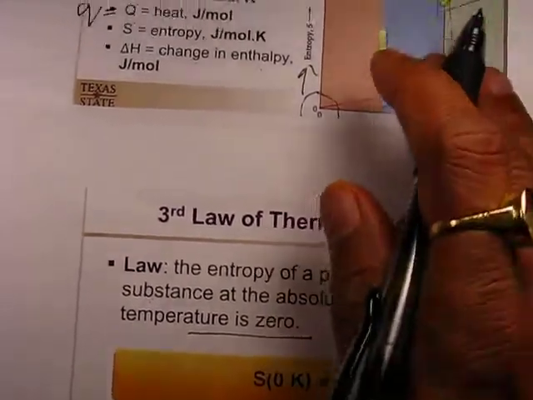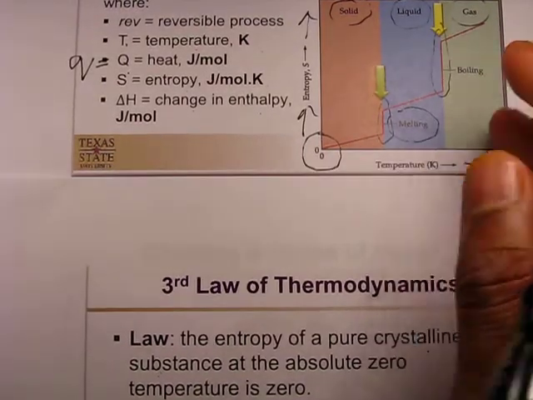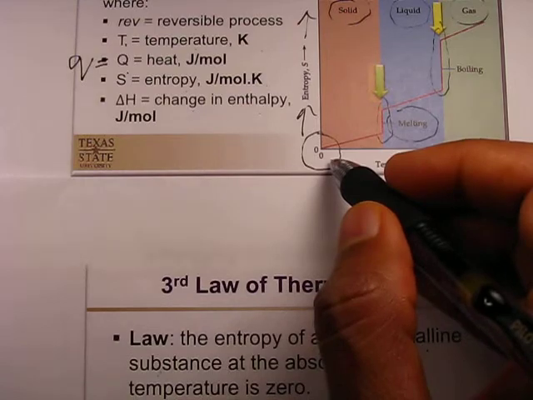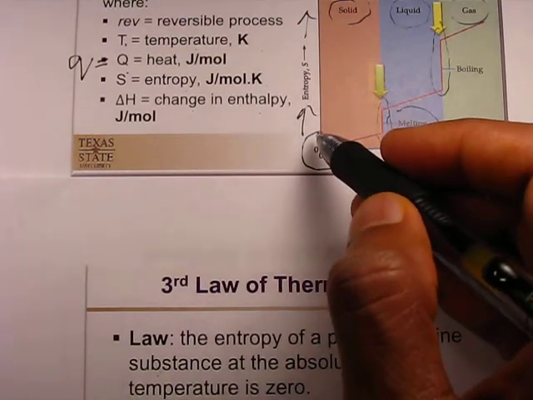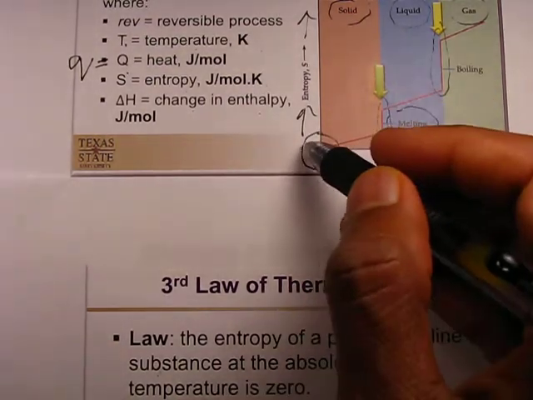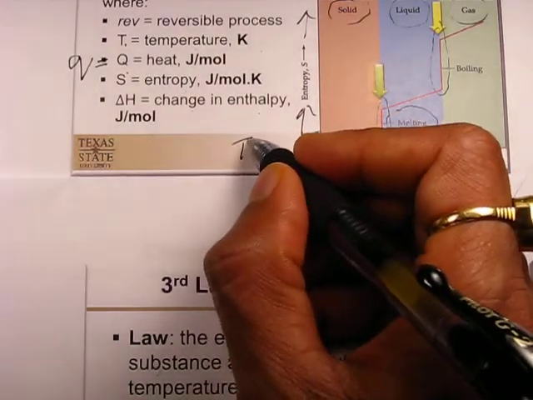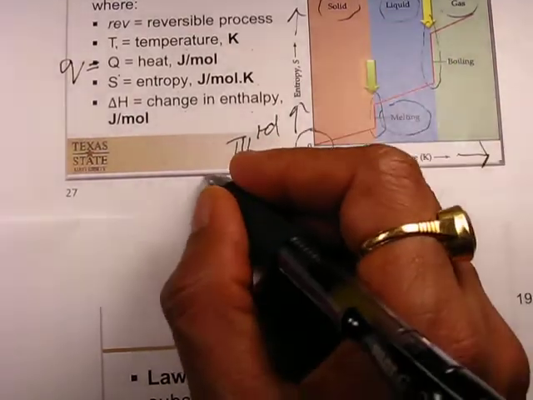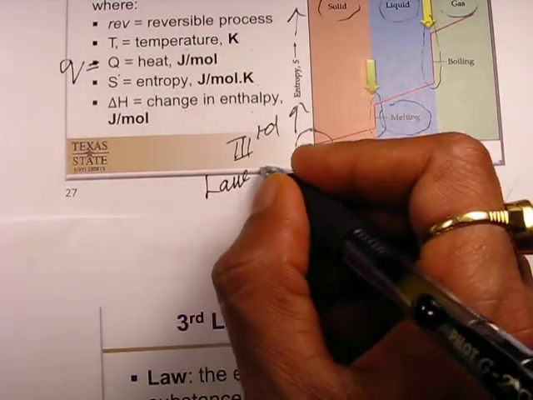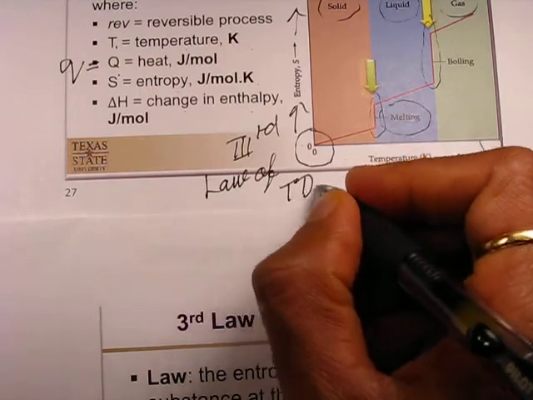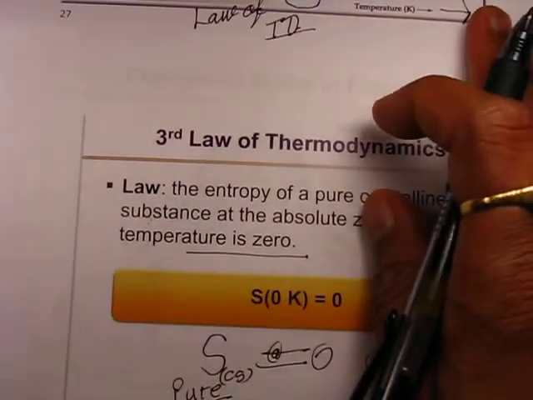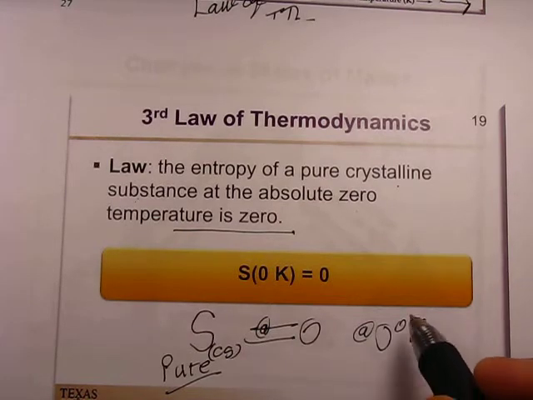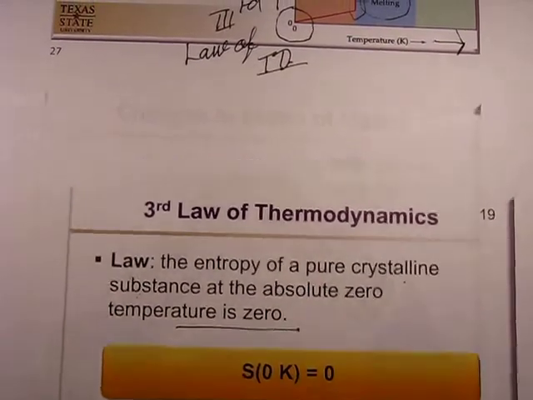So at 0 Kelvin, the absolute temperature, entropy will be 0. This point is the third law of thermodynamics, where the entropy of a pure crystalline solid is 0 at 0 Kelvin.